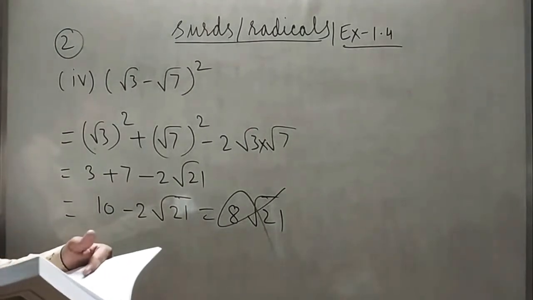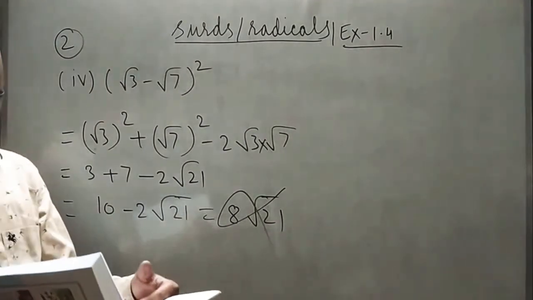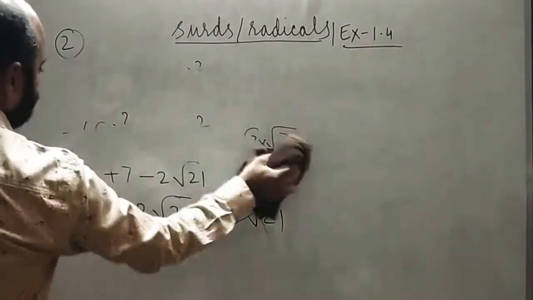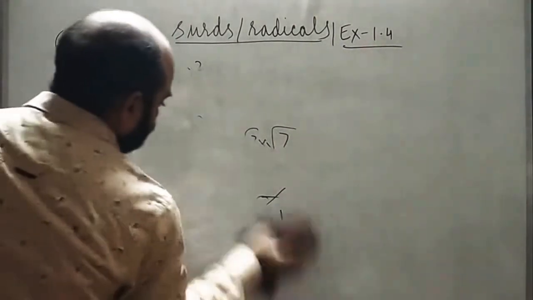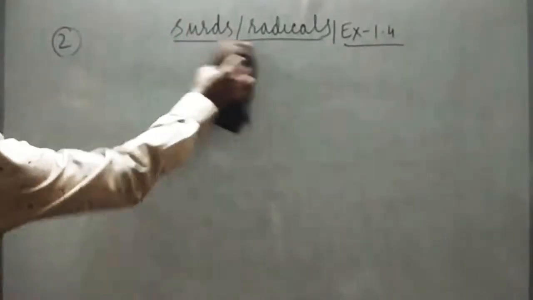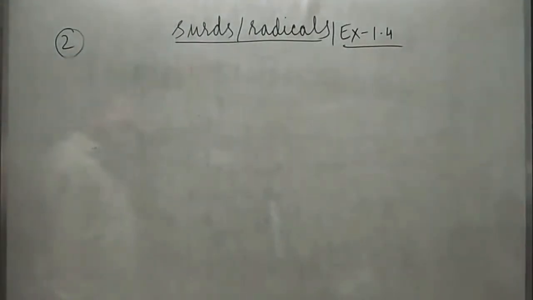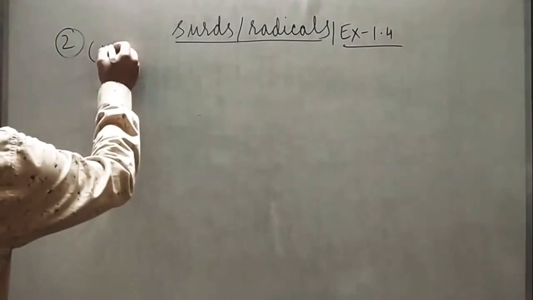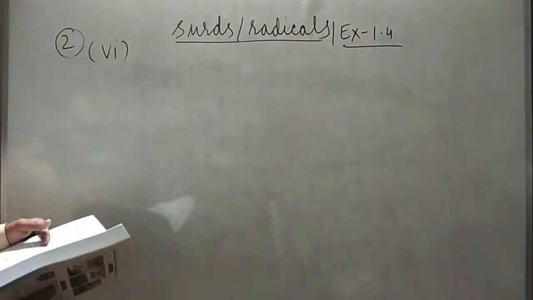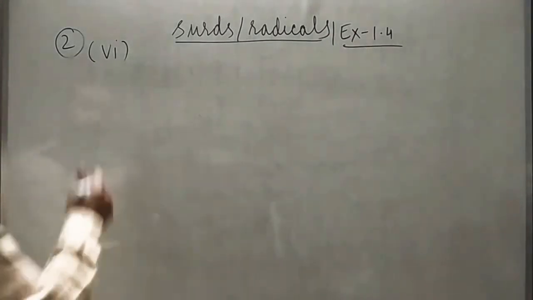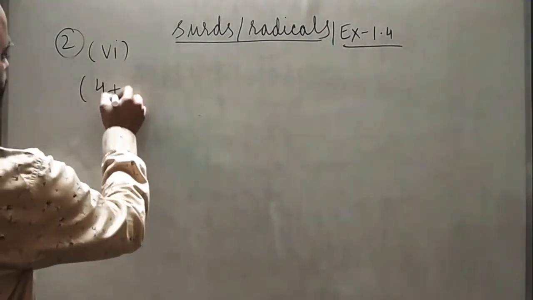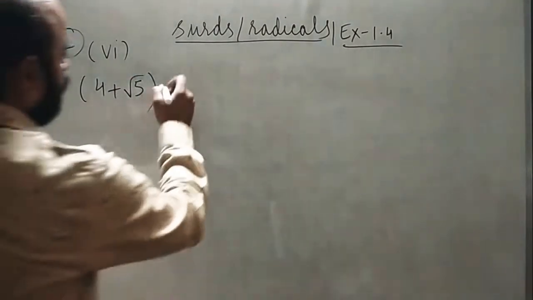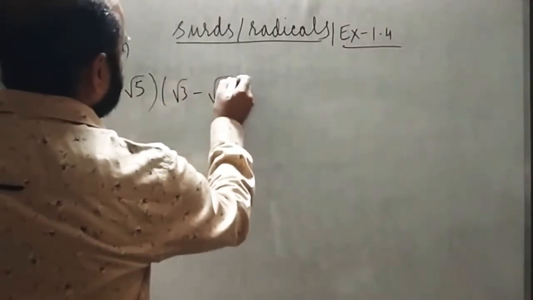Clear? Next, question number sixth part we can take. Sixth part is 4 plus root 5 times root 3 minus root 7.